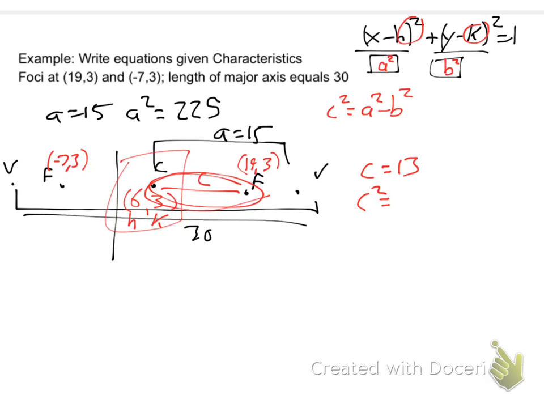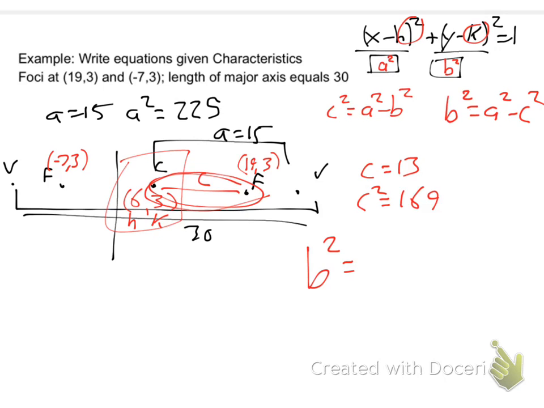So C squared is equal to 169. And wait a minute. If I take my calculations for C squared equals A squared minus B squared, and I've got to solve for B squared, couldn't I switch B squared and C squared around? Bring one to one side, bring one to the other. So B squared equals A squared minus C squared.